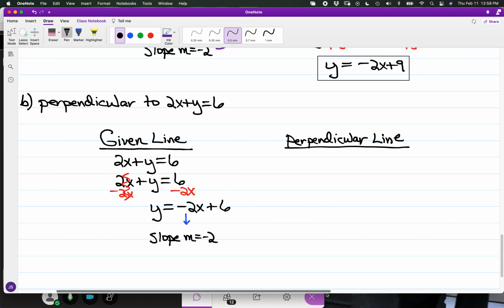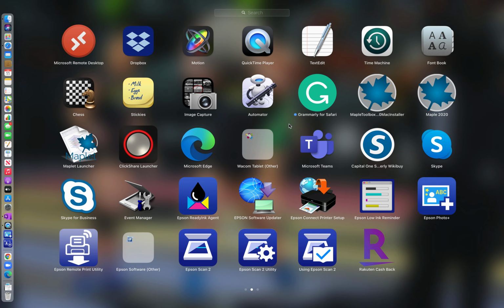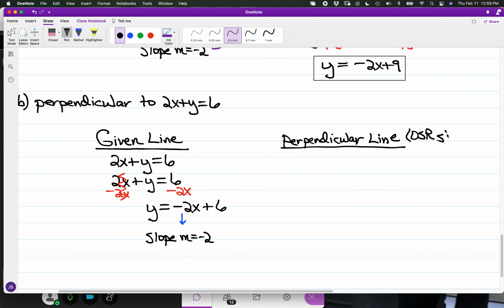Again, with perpendicular lines, we say OSR, for opposite sign reciprocal slope. So for the perpendicular line, the slope is going to be the opposite sign reciprocal of -2, so this is going to be a positive 1/2.